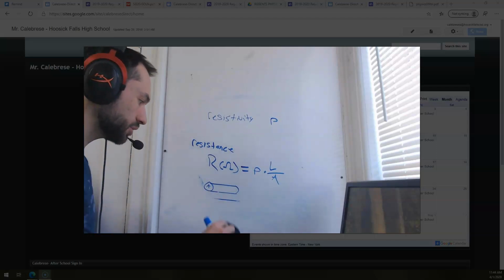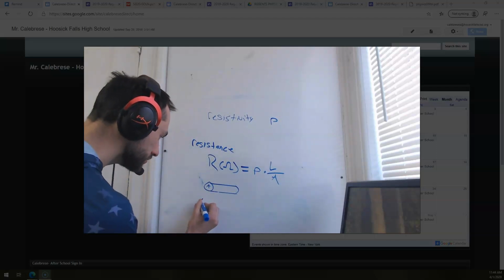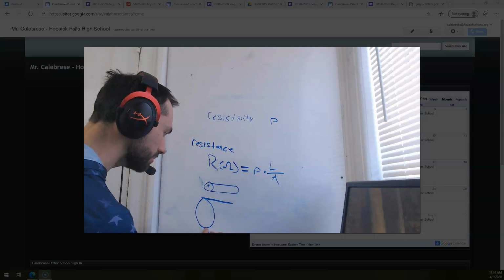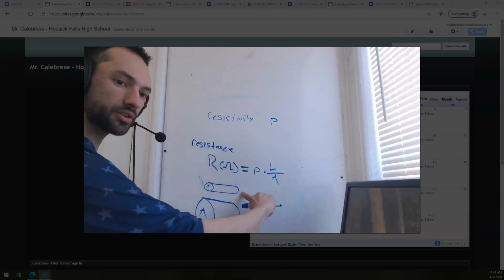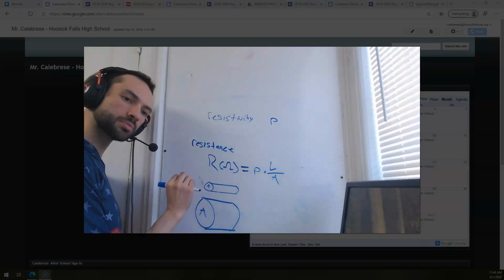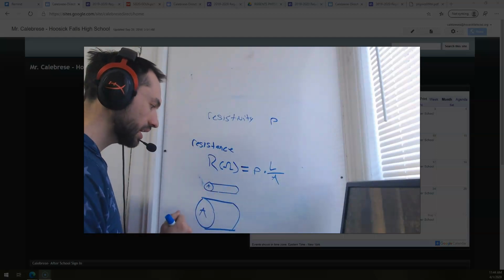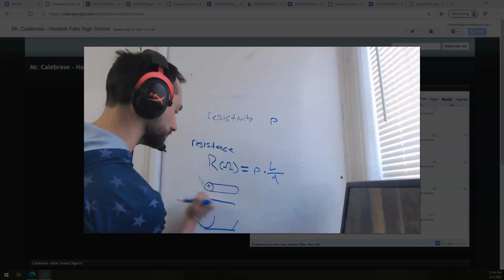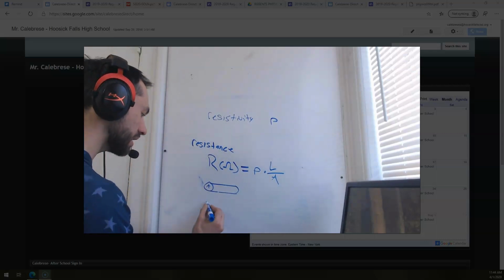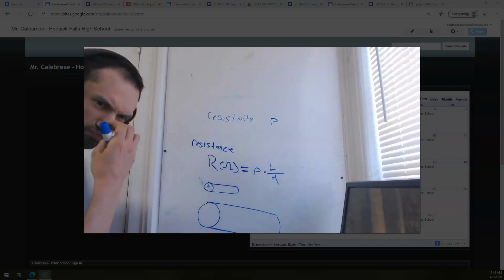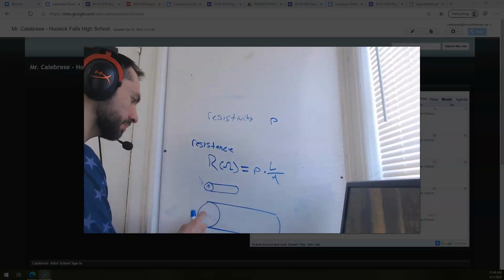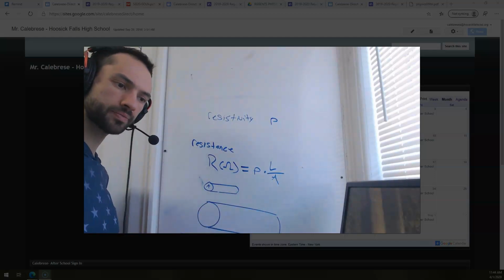But if I have two things that are the same length, but one of them has a really big area, this one will have a bigger resistance because it's smaller area and they're the same length. And then if you had something like this, you'd have to do the calculation. Maybe I got bigger, but I also got longer. So who knows which one's going to be a bigger resistance? You'd have to compare. All right?